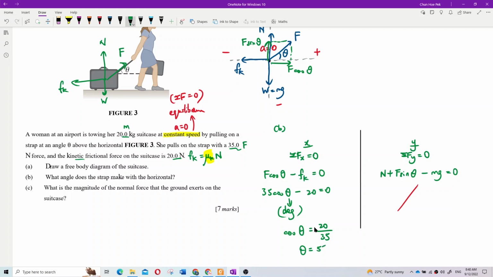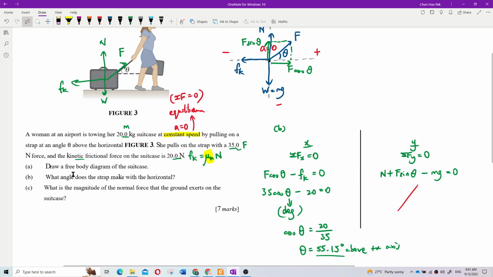I got 55.15 degree, above the positive axis. When writing the direction, I always write some wording here to explain in more detail.